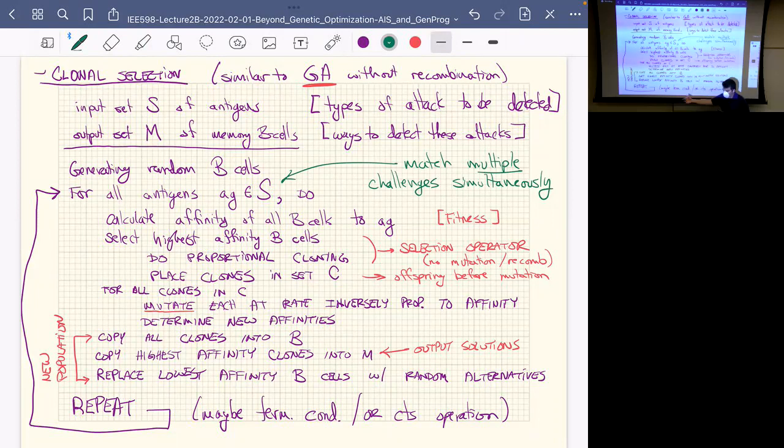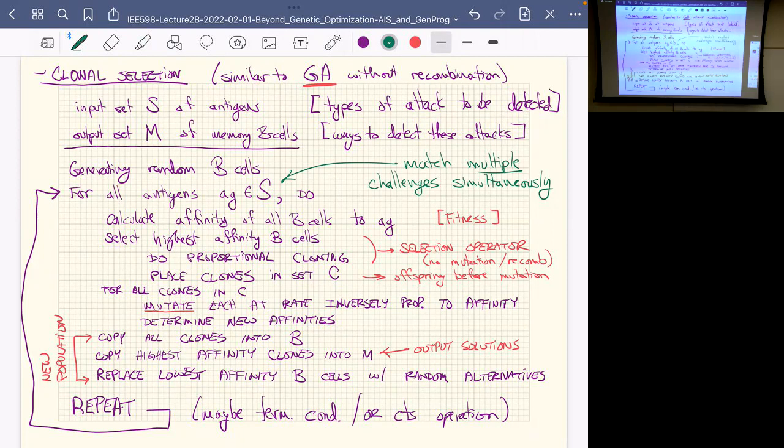So if I put an SQL injection attack in as a sample, then I've got some classifier, a neural network, whatever, that I put that thing in and it spits out a number between 0 and 1, where 1, it thinks it's definitely an attack, 0, it thinks it's not. Affinity would be that 0 to 1 scale. So if it comes up as a 0.9, then that means I've detected the SQL injection attack, so it's got high affinity to that particular antigen, the SQL injection antigen. If it comes up as a 0.1, then it doesn't think it's an attack, so it's got low affinity.